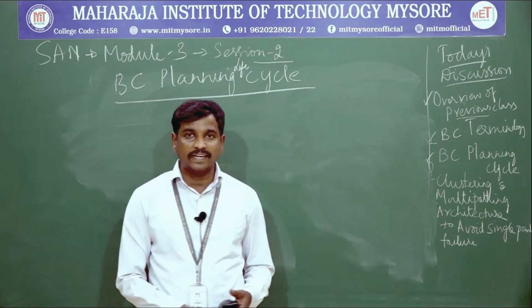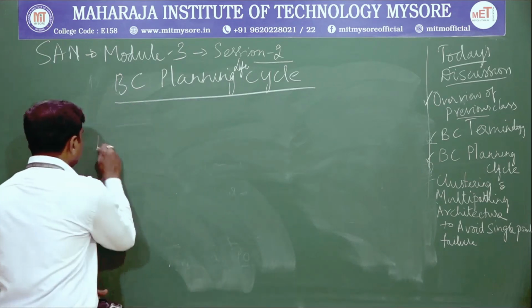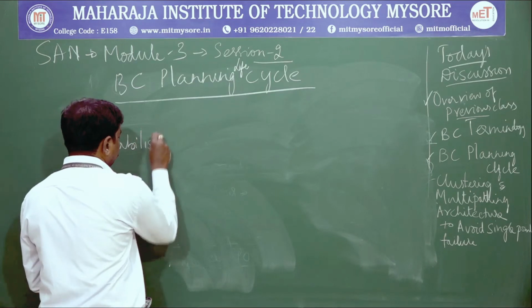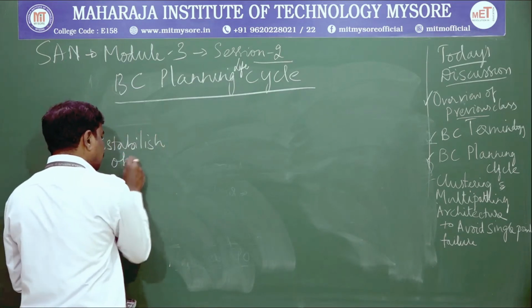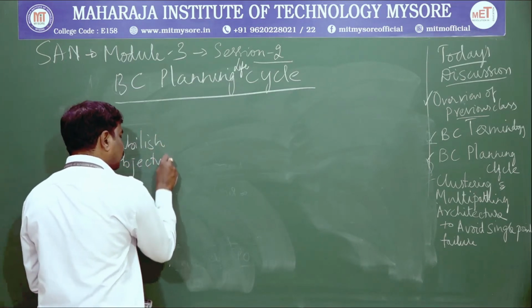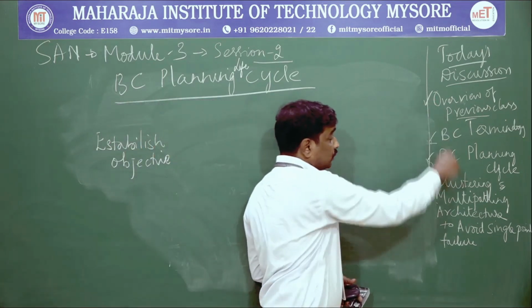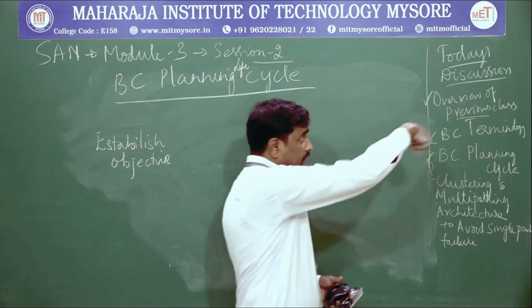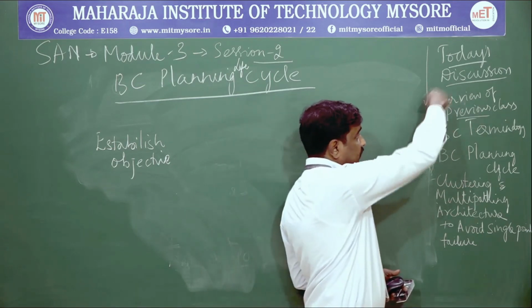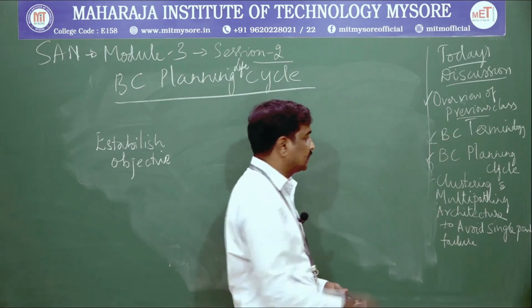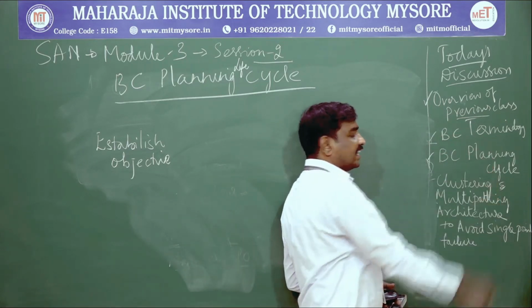The first planning is establishing the objectives. So, what do you mean by that? That means whenever we start with a lesson, a session, I have listed out a few things. First, I will give the class introduction, then I will discuss the terminology, and then I will discuss the business plan life cycles.